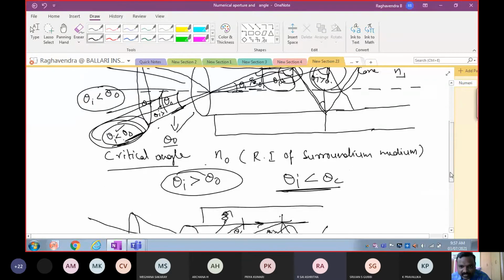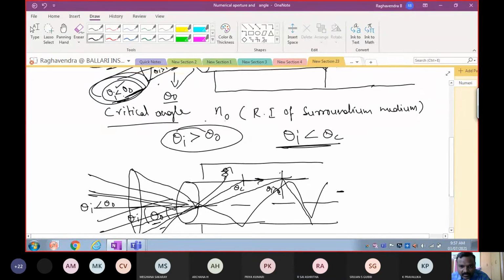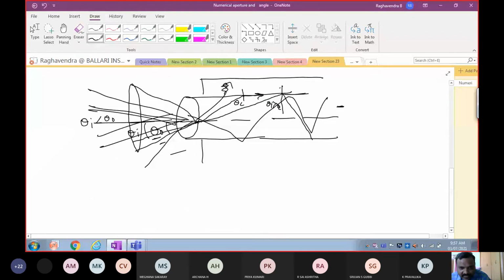You see here, one thing you have to remember: when the angle of incidence outside the optical fiber is less than the acceptance angle, the angle of incidence inside the core is greater than the critical angle. Then only it undergoes total internal reflection.